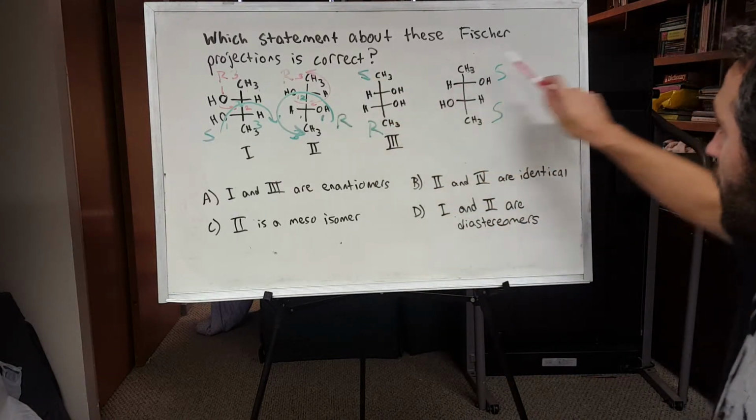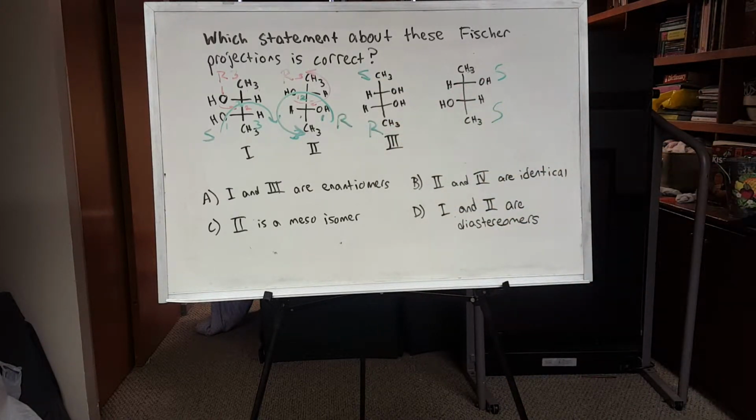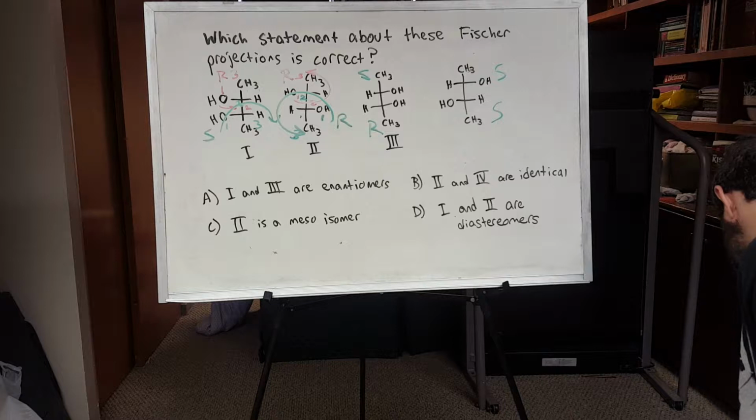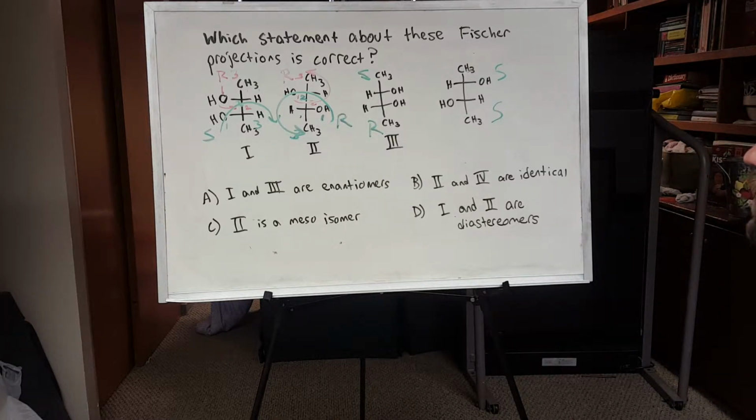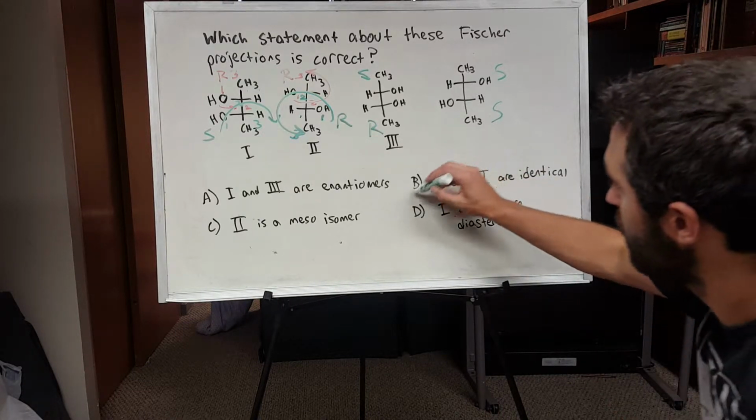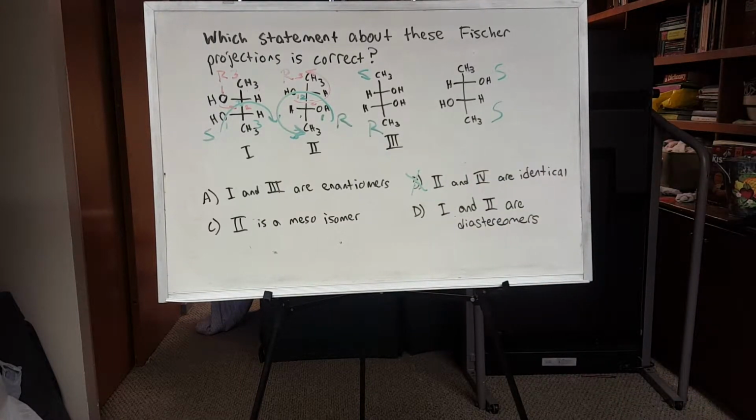No, because RR, SS. Okay, 1 and 3, yeah, they've got to be meso. Okay, 2 and 4 are not identical. 2 is a meso? It is not. So we'll look at the meso in a second.